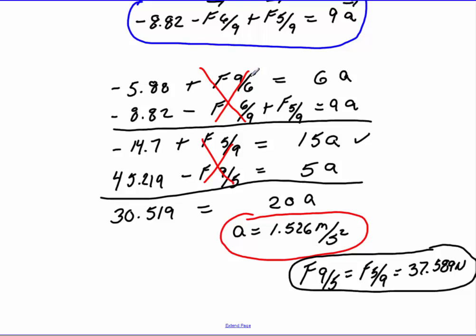Did you get 15.036? Did anybody get that? 9/6, which is equal to F6/9. 15.036. Guys, go to that one.